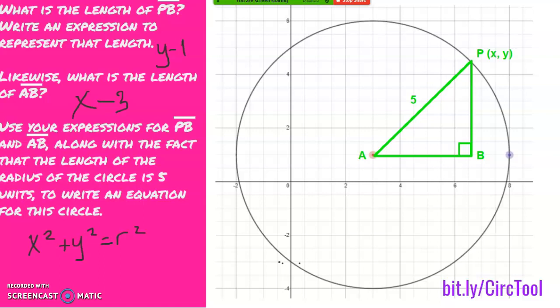Well, what are we going to do about the fact that this isn't x anymore? This is x minus 3. And this isn't y anymore. This is y minus 1.